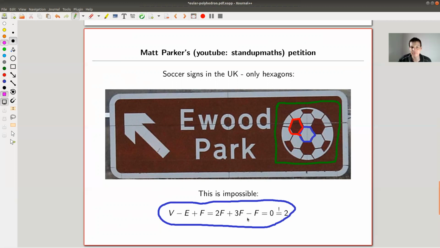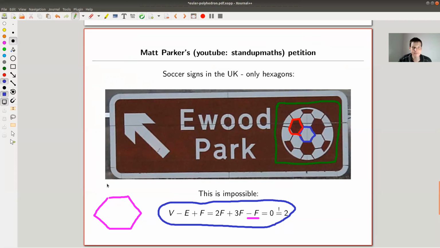You don't know how many faces you will need, so maybe your soccer ball will get really huge, and you might need a lot of hexagons. So let's just call it F, some variable. Okay, so here you have a face. It's a hexagon. Very easy. Each hexagon clearly has 6 edges.